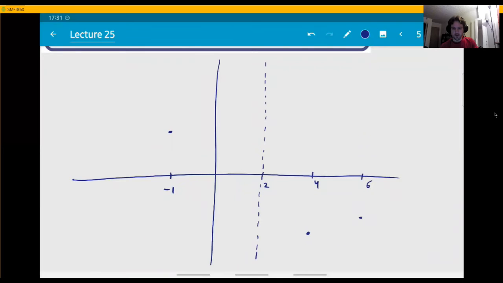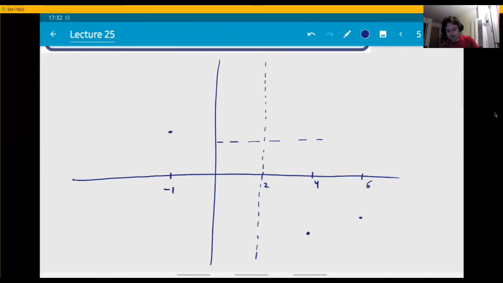The problem, by the way, also told us the first derivative is positive on the interval between 0 and 6. So you see that I already drew the point for 6 slightly above the point for 4 because the function is going to be increasing here. This type of detail is something we can determine.